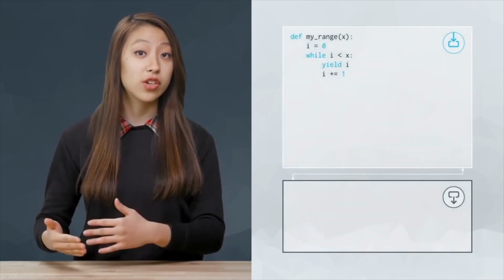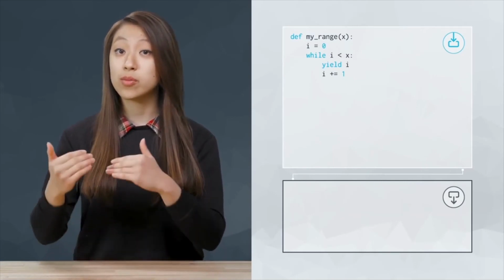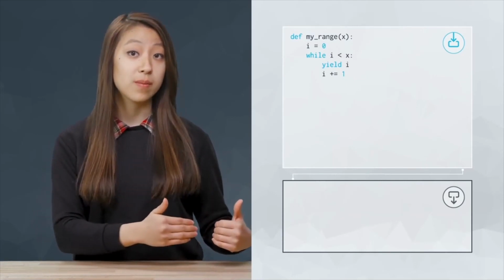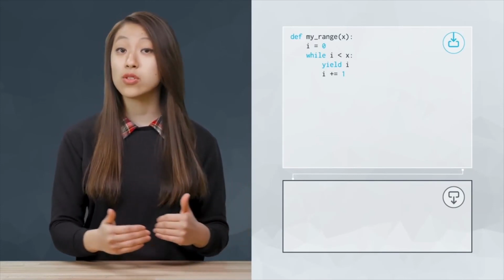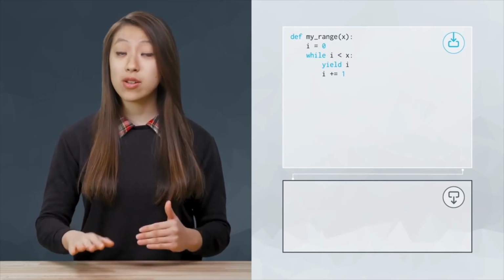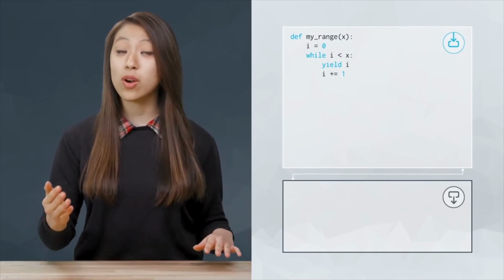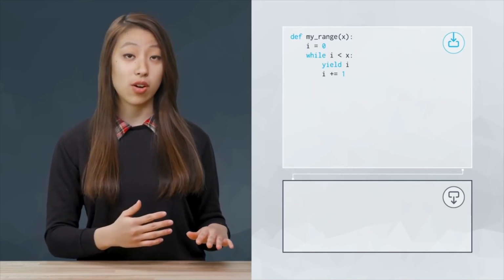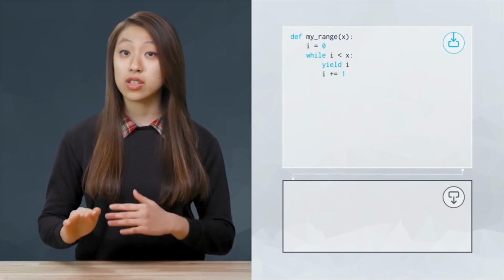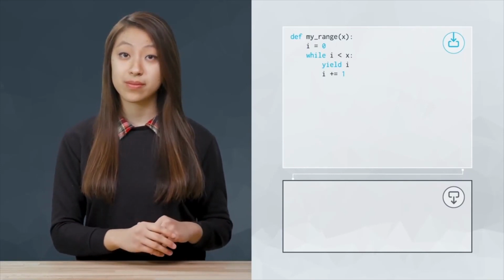Here is a generator function called myRange that produces a stream of numbers from 0 to x minus 1. Notice that instead of using the return keyword, this uses yield. This allows the function to return values one at a time and start where it left off each time it's called. This yield keyword is what differentiates a generator from a typical function.